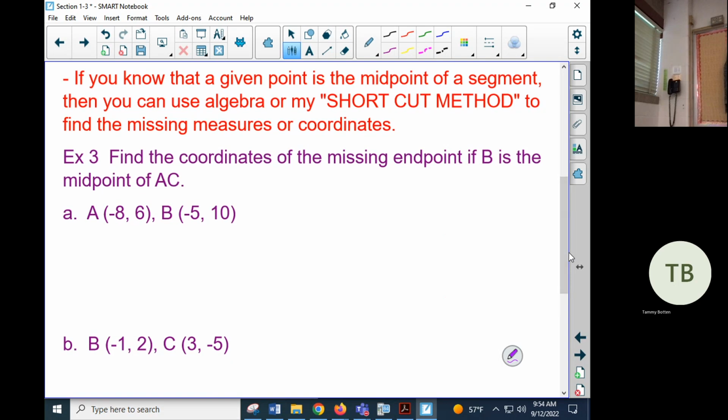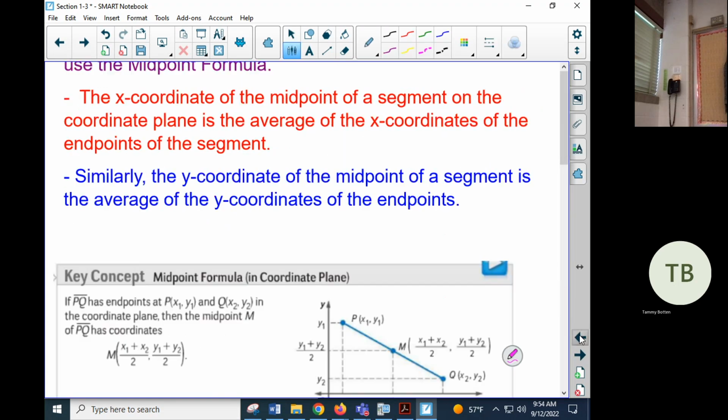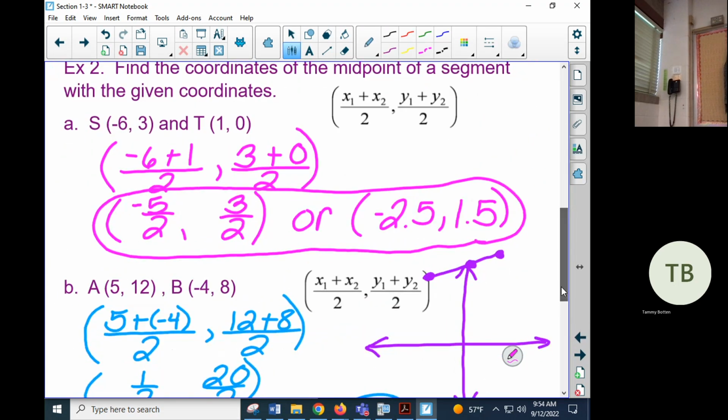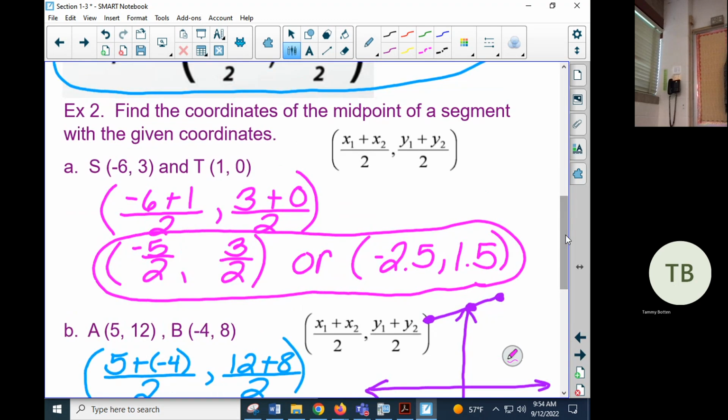So now, there are two types of problems that we're going to have today. The first one that I showed you back here, you have to be able to tell, not only on your assignment today but on the quiz, which way you do it.